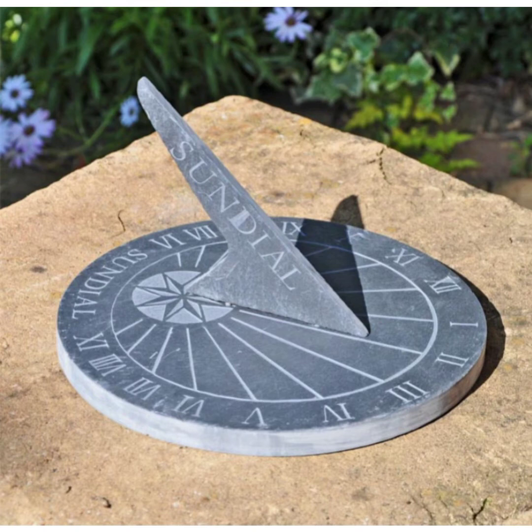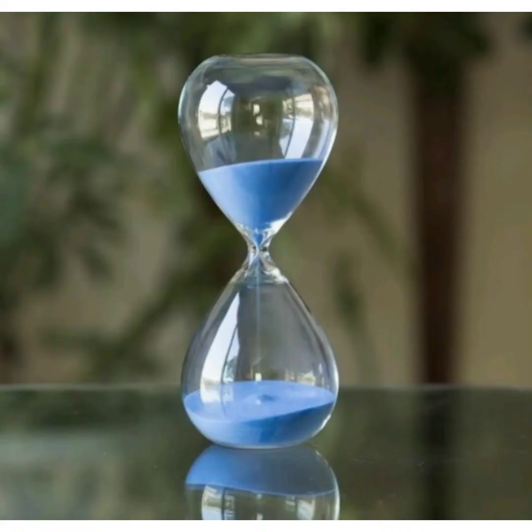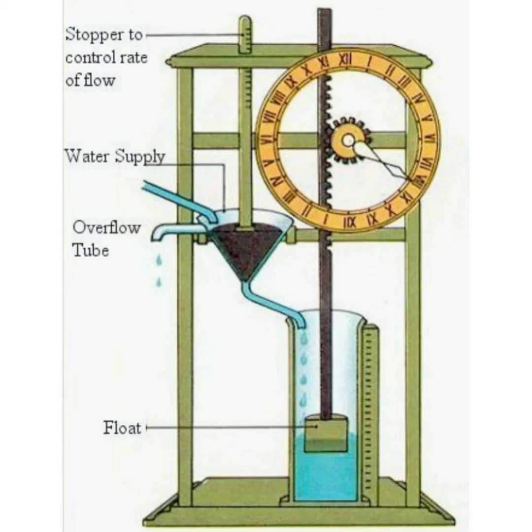An instrument showing the time by the shadow of a pointer cast by the sun onto a plate marked with the hours of the day. Egyptians divided the period from sunrise to sunset into 12 equal parts. After that, people used sundials and water clocks.